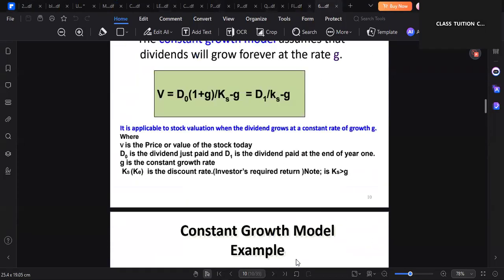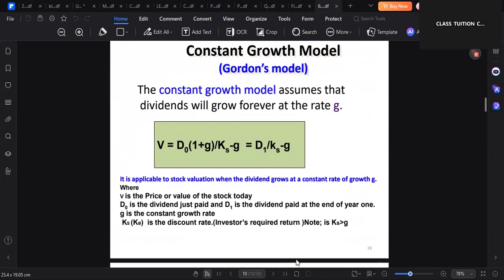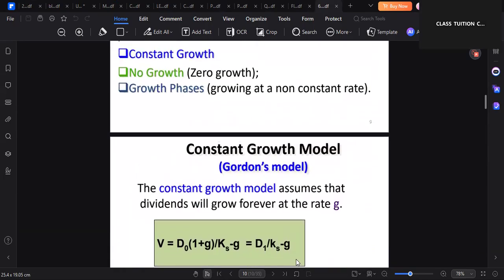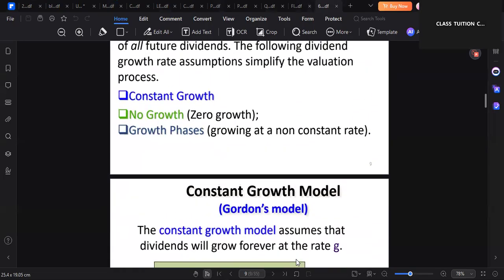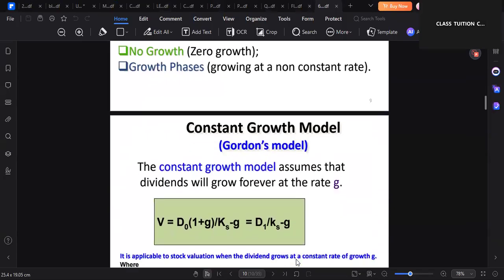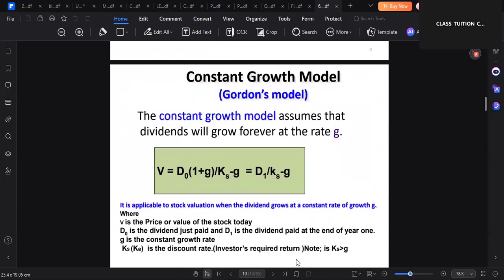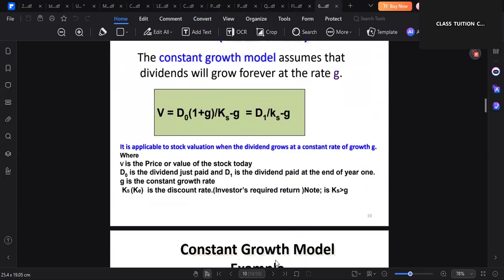So the zero growth model. So we have constant growth model and zero growth model. So the zero growth model is one that has no growth rate.